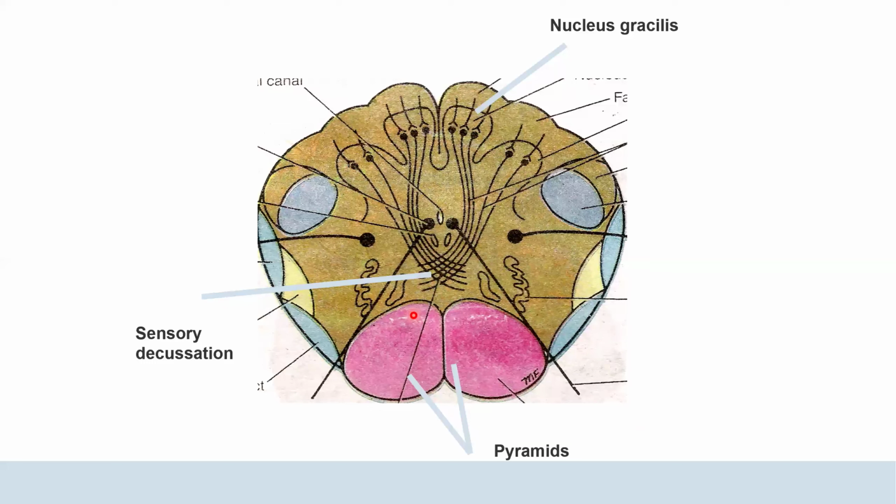The sensory decussation happens, and then we're going to continue to have it within the midline as the medial lemniscal pathway. And it is because of this decussation that it is called the medial lemniscus, because it forms this medial portion of fibers. Okay? Is that clear?